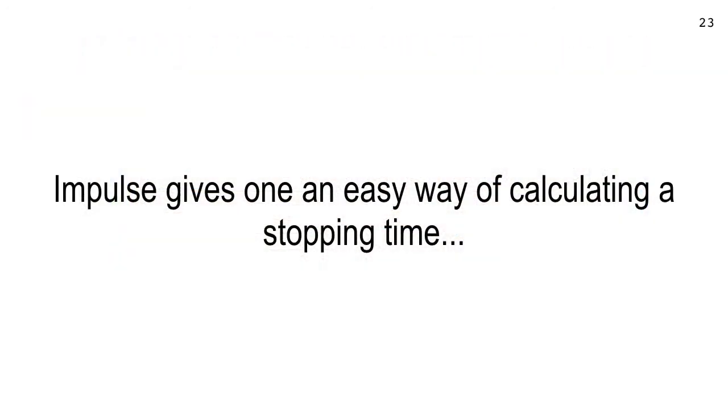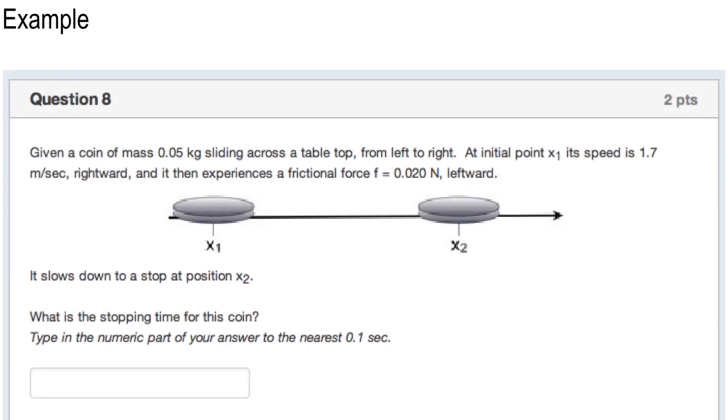Now, a strategy comment. Impulse as a concept is usually the easiest way of calculating a stopping time. For instance, if you have a problem where you have a coin of a certain mass and you send it across the tabletop, eventually it's going to slide to a stop.